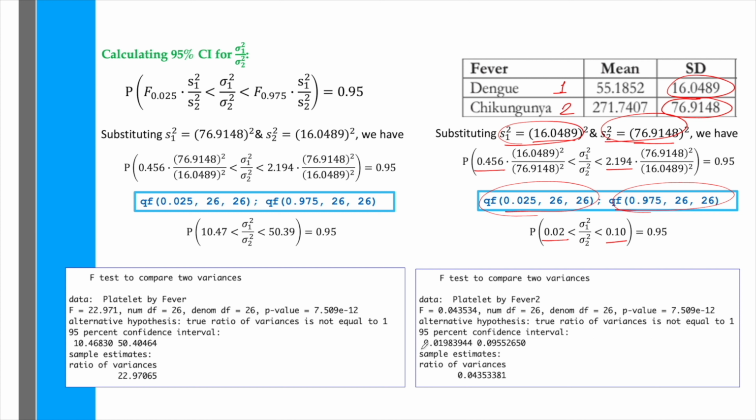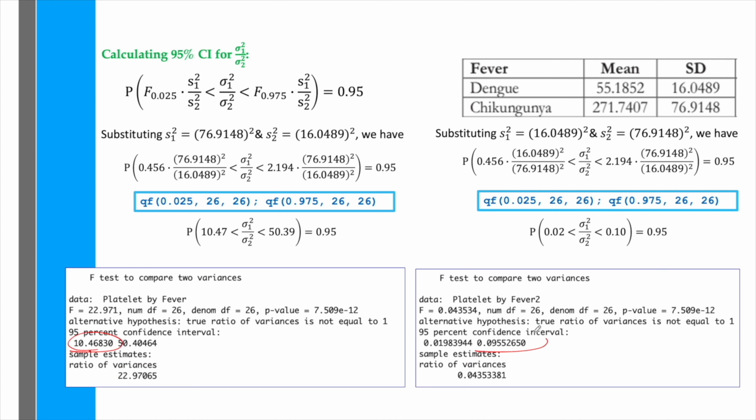So that gives us 0.02 up to 0.10 as the 95% confidence interval for sigma squared sub 1 over sigma squared sub 2. And what you must notice is that 22.97 is just the reciprocal of 0.04.